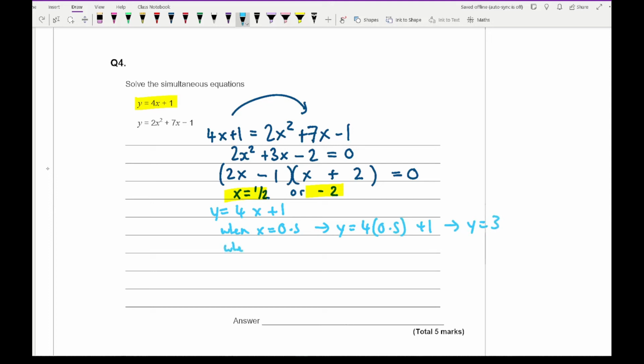And when x equals minus 2, we get y equals 4 lots of minus 2, which is minus 8, plus 1, which equals minus 7. So my set of answers are x equals 0.5 or 1/2, and y equals 3, and x equals minus 2, and y equals 7.